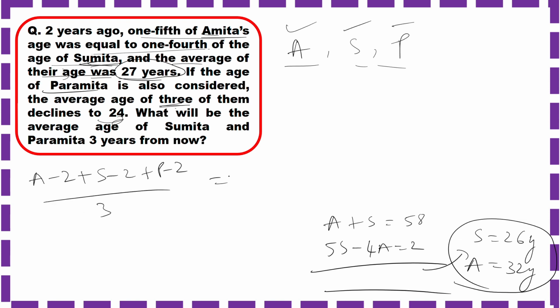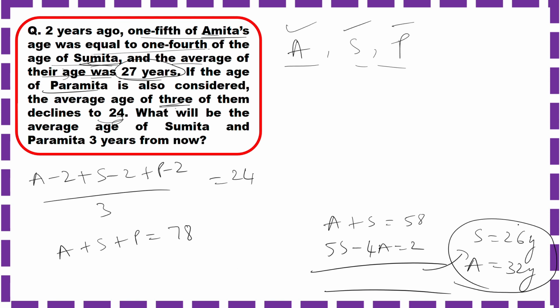The total average is 24. So calculate this, we will get A plus S plus P is 78 years. This was the combined age before 2 years.